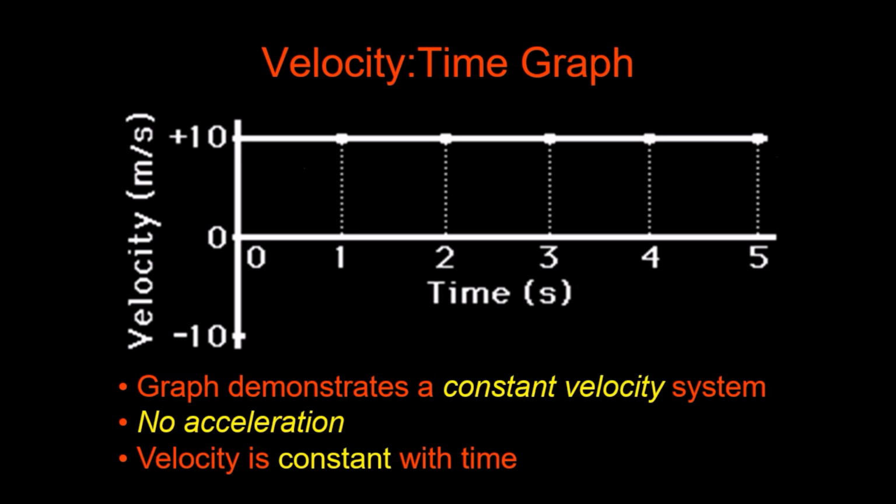Now the question you need to ask yourself is what would the displacement time graph that relates to this VT graph look like? So if we are given this VT graph, what does displacement time look like? Well, the displacement with time was steadily increasing.